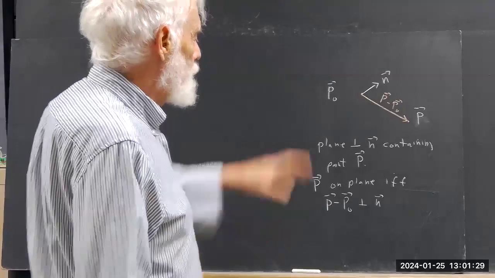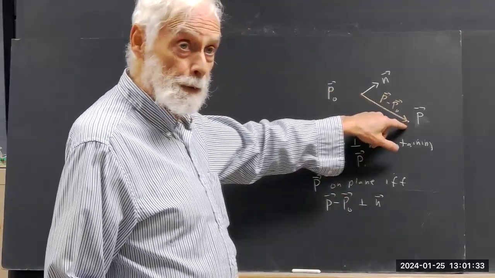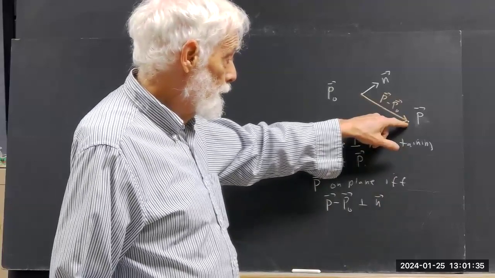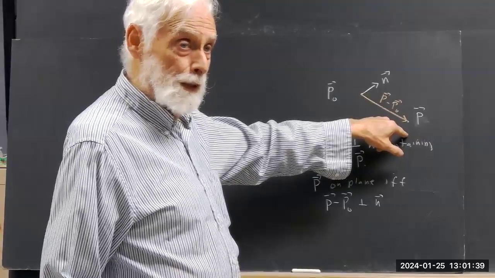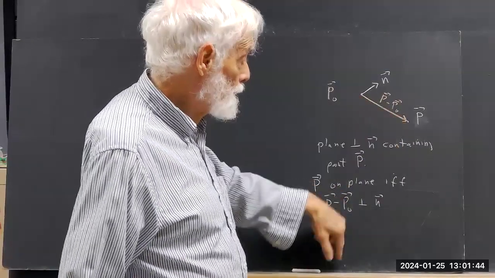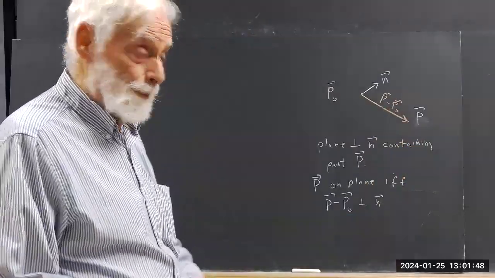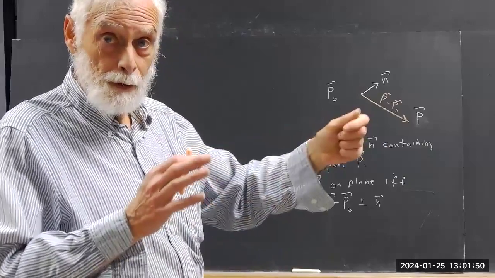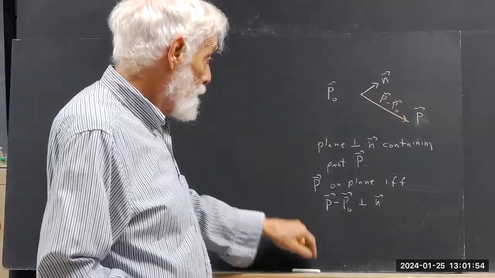And remember, you've got an origin out here someplace with a vector from here to here and a vector from here to here. And the vector from here to here minus the vector from here to here is this vector, because this vector plus this vector equals this vector. It's just simple algebra. It's a little confusing to visualize until you've done quite a bit. But think about it.